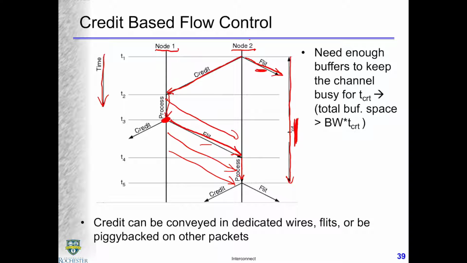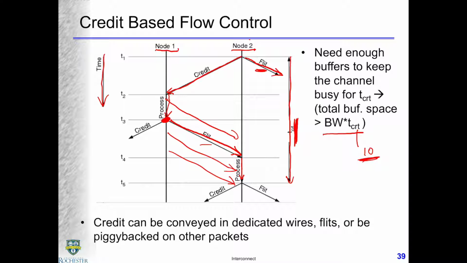So you need to prepare enough buffer, at least, to keep this time busy. In other words, if the credit processing time is 10 cycles, and you can send one flit per cycle, then you want the downstream to have at least 10 flits of buffer.